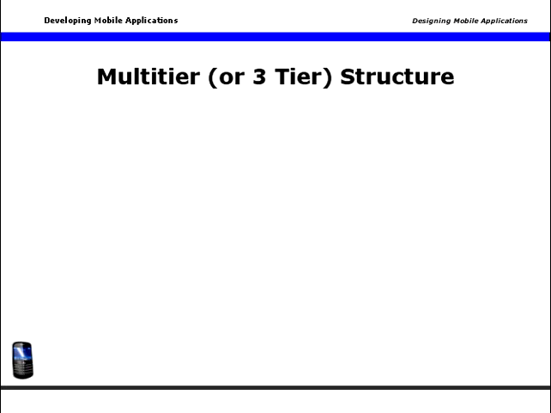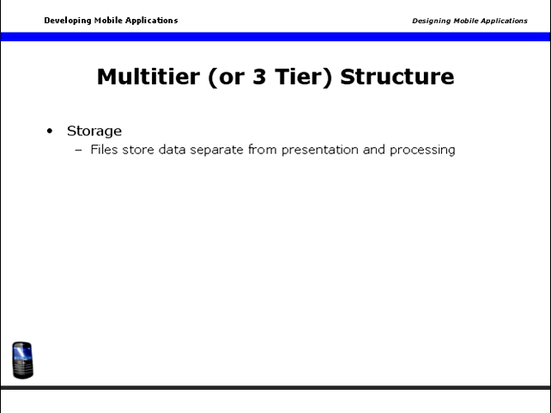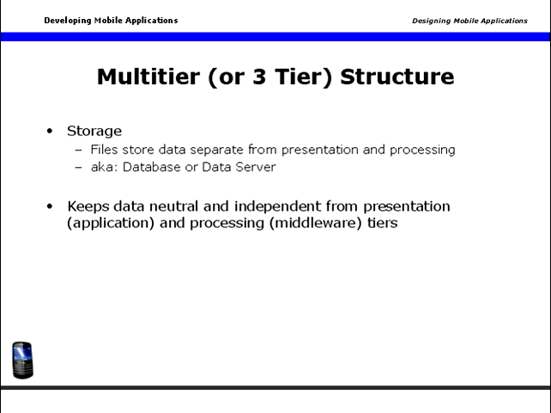At the storage tier, files store data separate from presentation and processing on the database or database server. This keeps the data neutral and independent from the presentation or application tier and the processing or middleware tier.